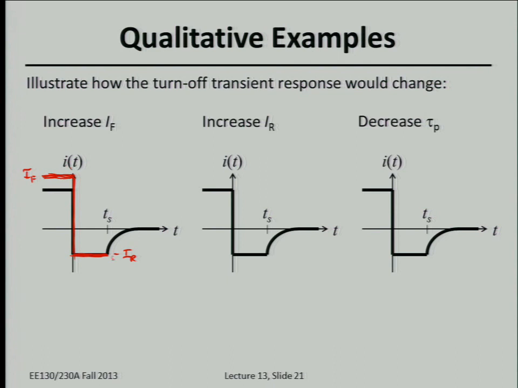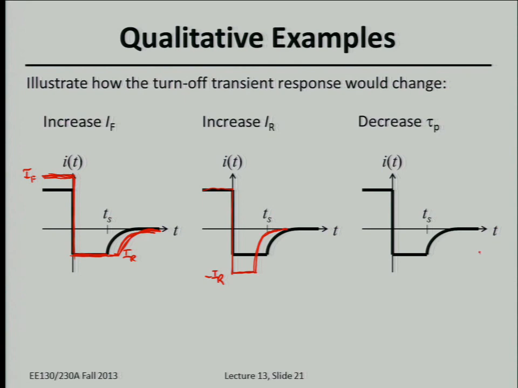Very good. The storage delay time will increase, because if I_F is larger, then the amount of charge Q_F stored in the on state is larger, so it just takes longer to flow out the charge. Now what if we don't change the forward current, but we increase the reverse current? You're getting rid of the stored charge faster, so you'll have a shorter storage delay time.